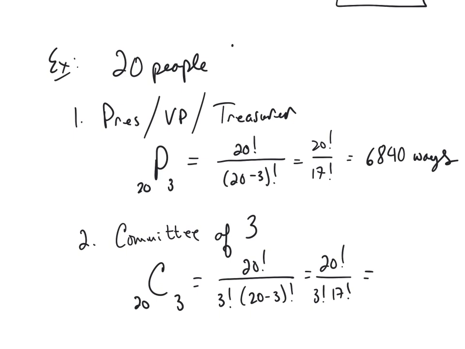And the value we come up with for the number of combinations is 1,140 ways we could elect a committee of 3 people to oversee fundraising, or pick whatever task you like. Okay, so on any question, the key is going to be: does the order matter, yes or no? Does the order matter, yes or no? Okay, so there's one example.